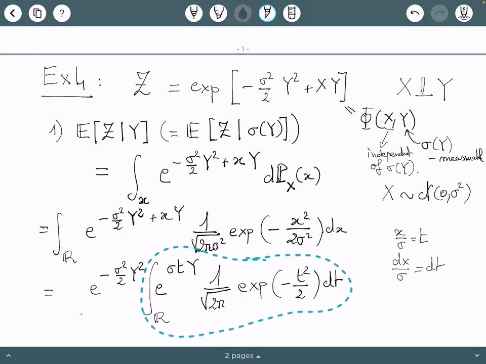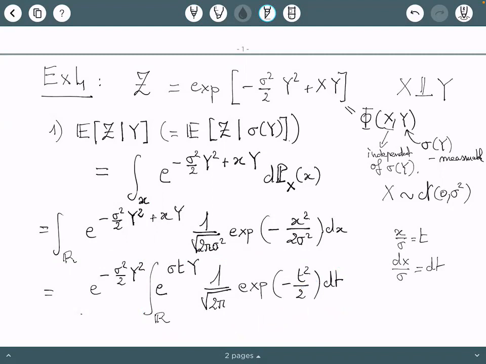If you look at this, you recognize the Laplace transform of a standard Gaussian random variable, where the parameter of this Laplace transform is sigma y. Here t is the variable that we are integrating.